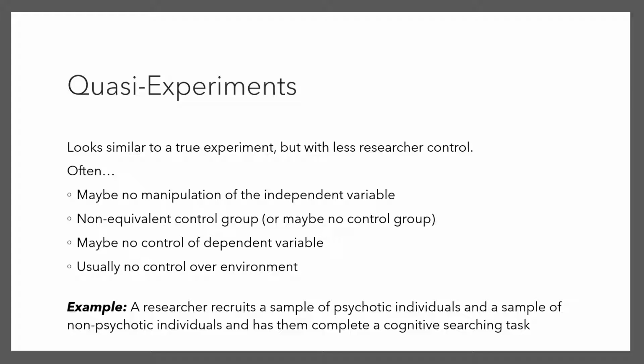But with the researcher not manipulating this independent variable, the two groups can ultimately not be said to be equivalent on a number of third variables that could influence results, like all the ones I mentioned previously and a lot more.